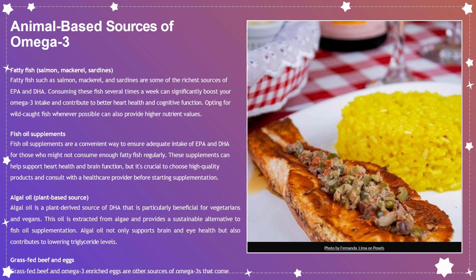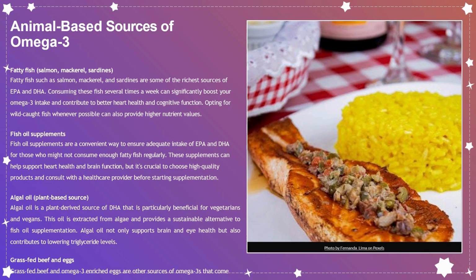Hemp seeds are not only nutritious but also versatile in their usage in salads and smoothies. Lastly, soybeans and tofu can be a great source for those on a plant-based diet. Incorporating these foods into your meals can significantly boost your omega-3 intake.